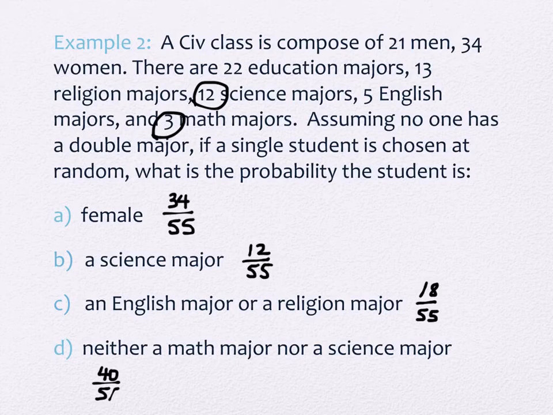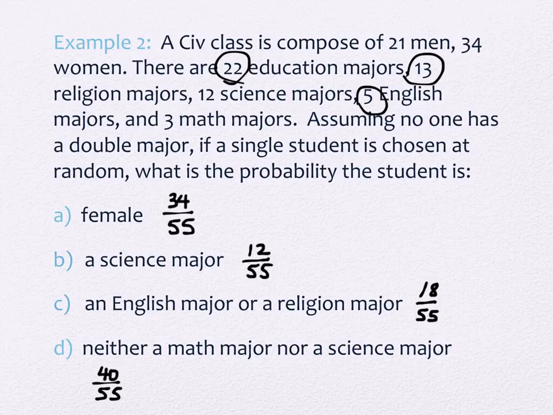Did anybody do it differently? I added up all the other majors besides science. Okay, so Catherine, you added up the 22, the 13, and the 5. Does that sound right? Okay. And because each of these are not very many steps, it's probably about half a dozen one way, 6 the other, right? We pretty much did the same thing, same number of steps, took the same amount of time. What if there had been a whole bunch of things to add up in one of these categories or the other?